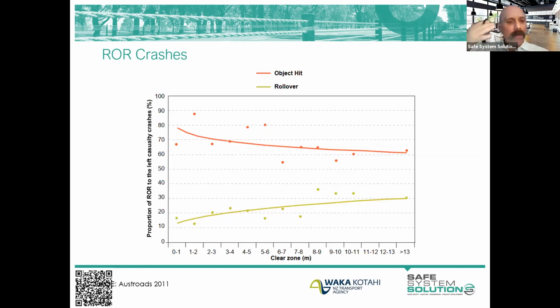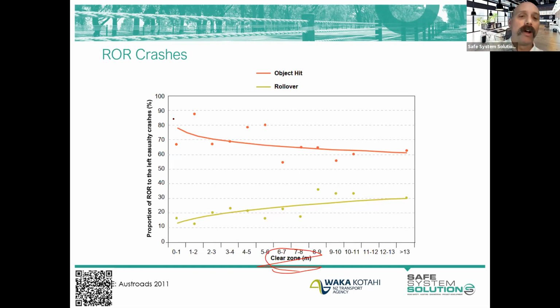But we know even when we clear all of those point source hazards out of an area, we still have a residual of risk there. And so the old clear zone theory, which some of you will probably be aware of, clearing an area of trees and power poles and the like certainly reduces the likelihood of crashes. But what we know is that rollover can still occur, and a lot of vehicles will go well beyond that clear zone.